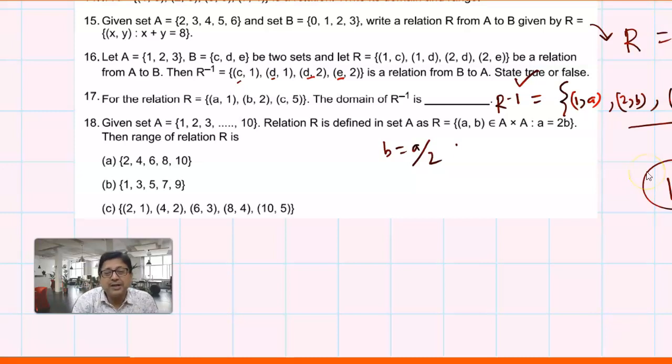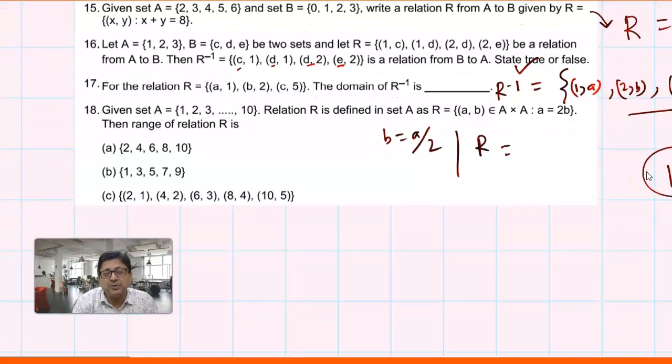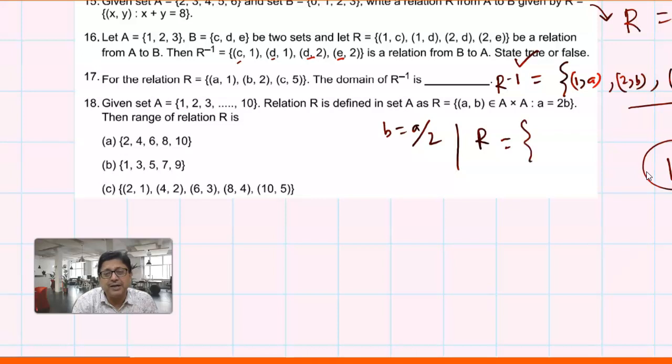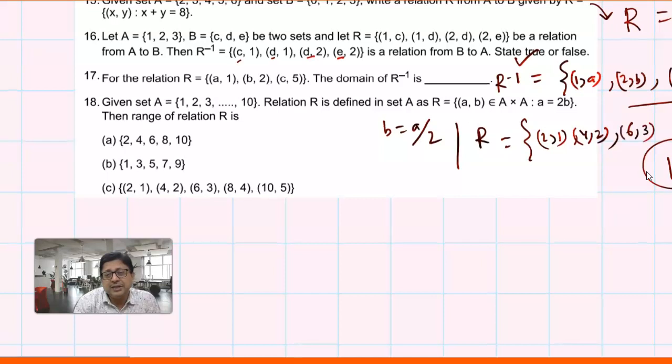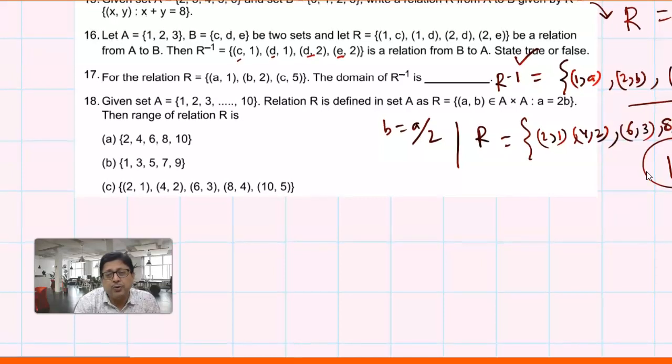So you write the relation in this manner. R equal to, that (a, b) part you are writing. You have taken a equal to 2, then b is going to be 1. If it is 4, it is 2. If it is 6, then 3. If it is 8, then 4. And if it is 10, it is going to be 5.